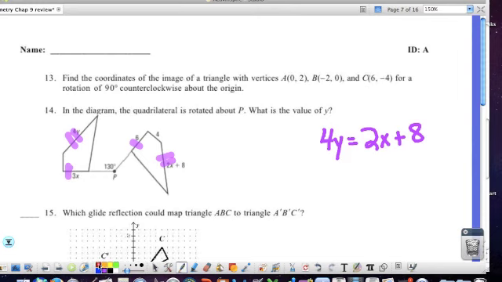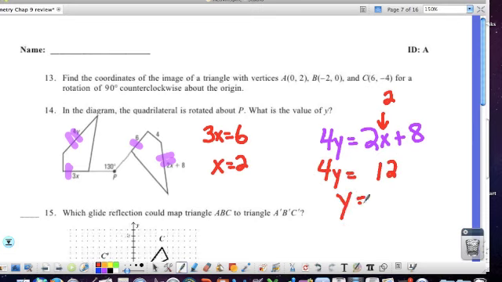But over here I have 3x is equal to 6. Really, this is a system of linear equations problem. If 3x is equal to 6, what's x equal to? 2. So I'm going to put 2 in for x. 2 times 2 is 4, plus 8 is 12, so if 4y is equal to 12, what's y equal to? 3, and that's the answer.